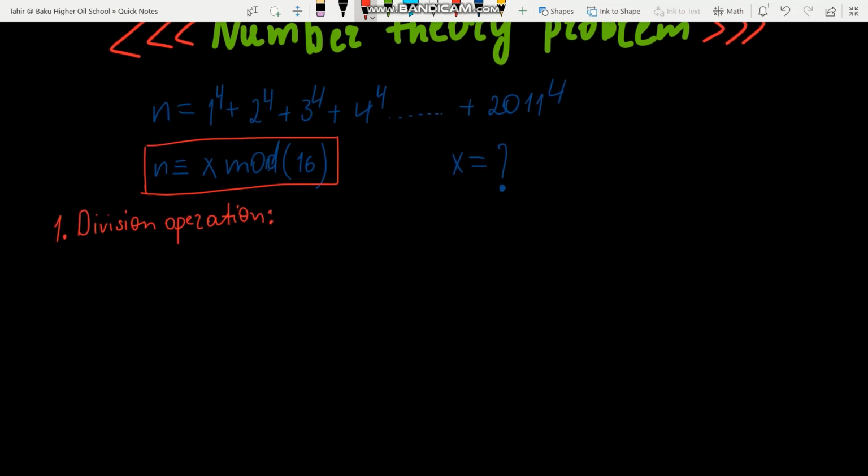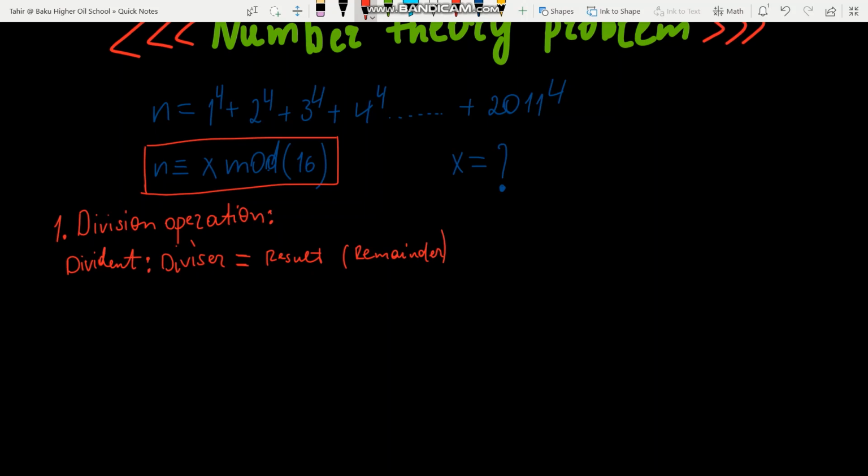We can write that the first term is the dividend, divided by the divisor, and it will be equal to our result, and sometimes we will have a remainder part.